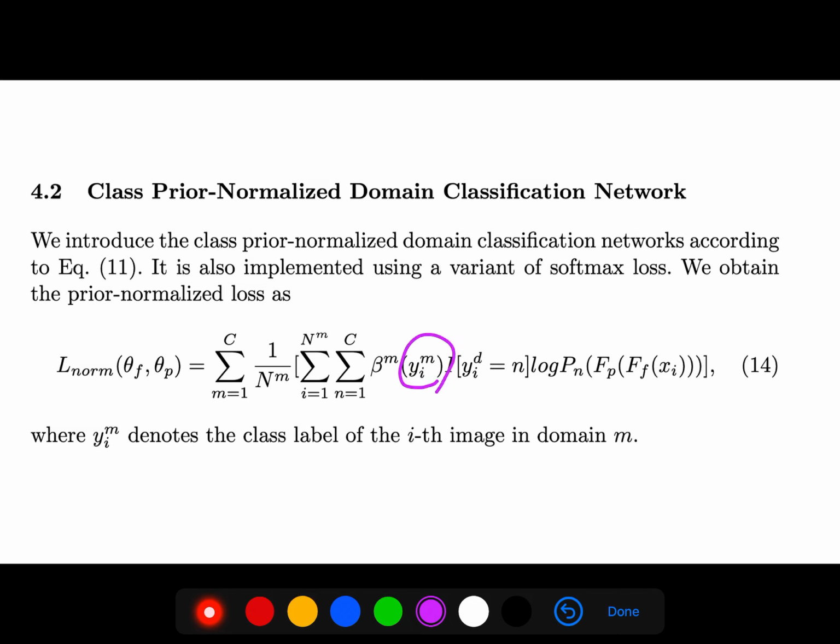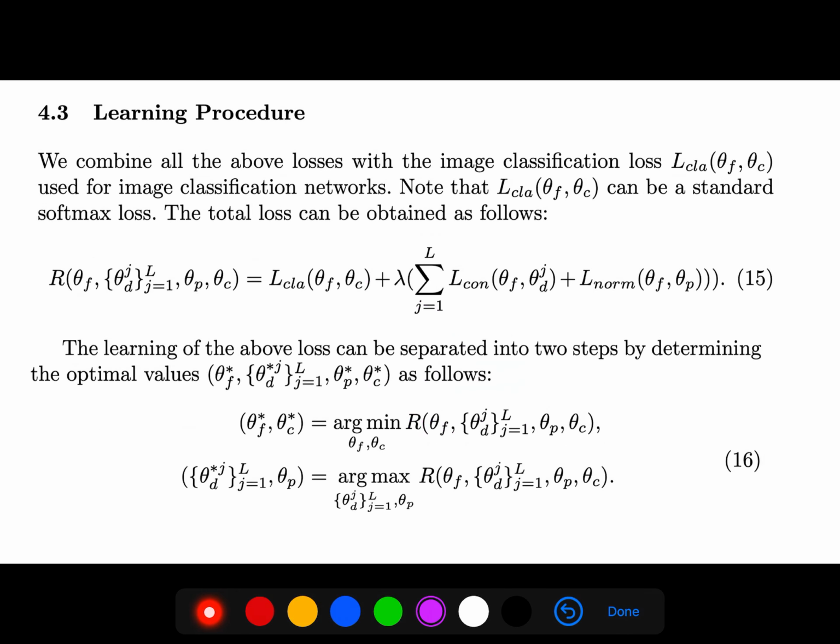This Y denotes the class label of the ith image of domain M. So we have this indicator as well. So we combine all the above losses, and this is what you get.